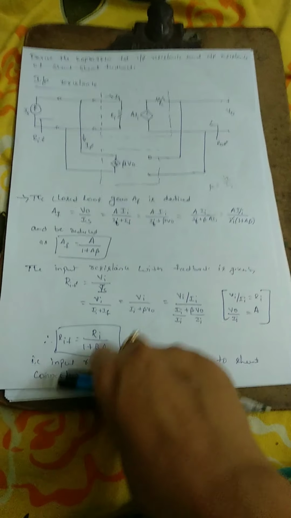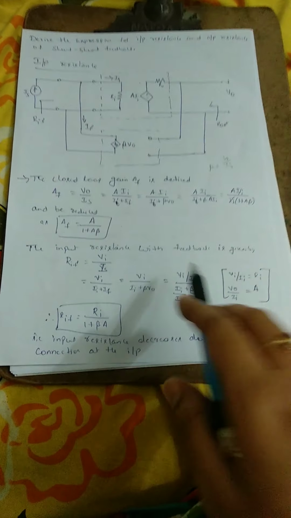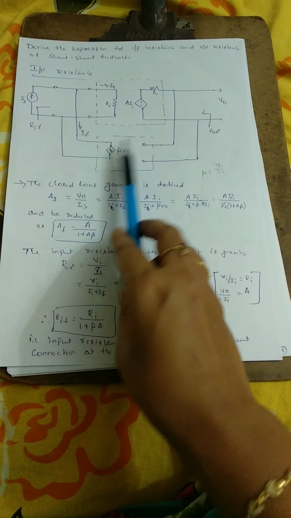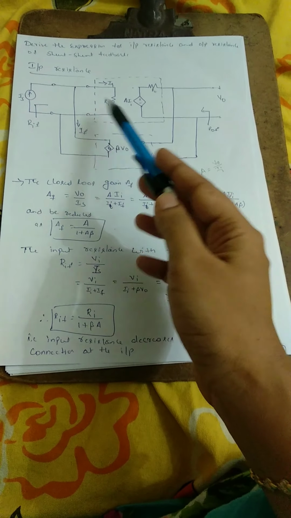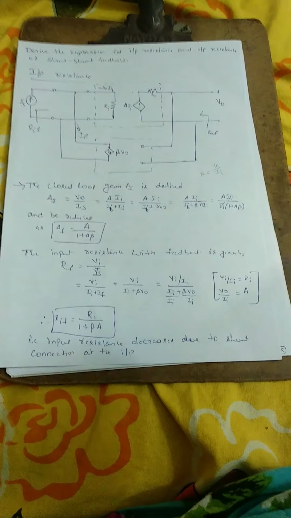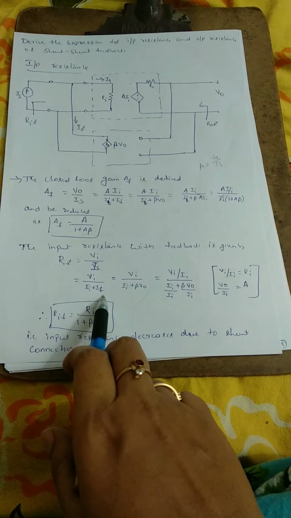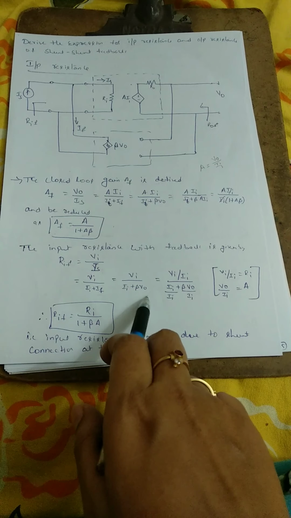Next we will see the input resistance with feedback. The input resistance with feedback is Vi divided by Is. Is is equal to Ii plus IF, and IF is beta V0.